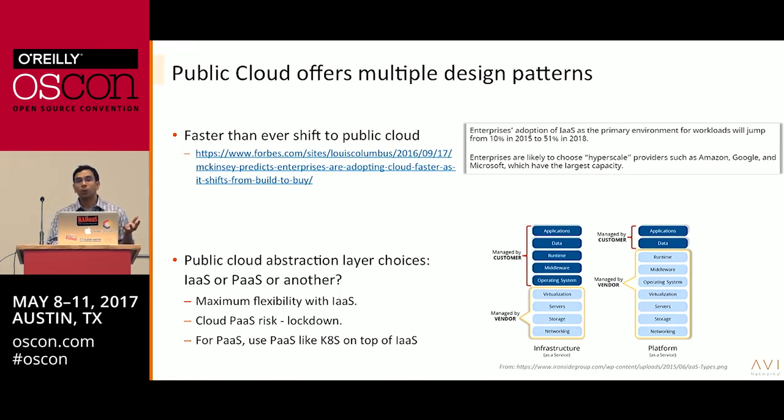But if you want to avoid lock-in with a vendor, then you probably want to go with IaaS with some other choice of a PaaS like Kubernetes, or there are plenty of them out there. But regardless, the point is that the infrastructure is elastic. It's available to you instantaneously when you need it, and it's also automatable. And we'll see why that matters.